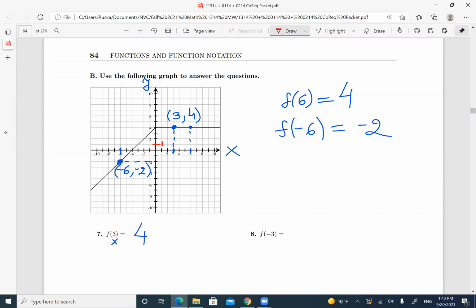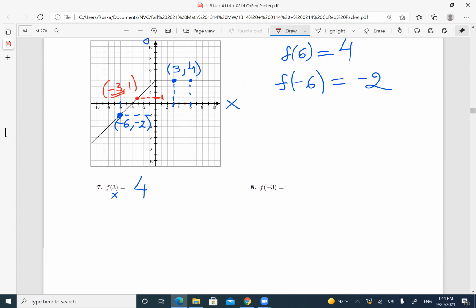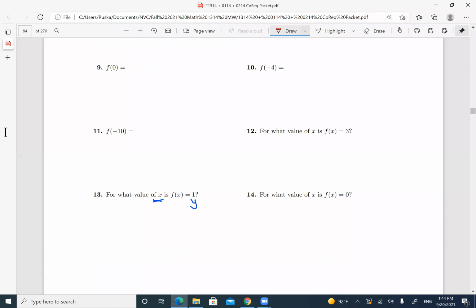Then I'm going to go to the graph and look at this point, and I need to see what x is there. So what is x for this point? -3. Yes, -3, comma 1 is the coordinate, and that's what they're asking you, -3. Everybody understand that? Just reading the graph. So x is -3.